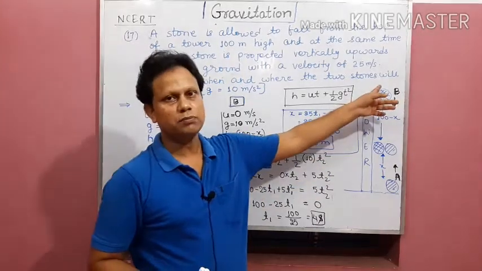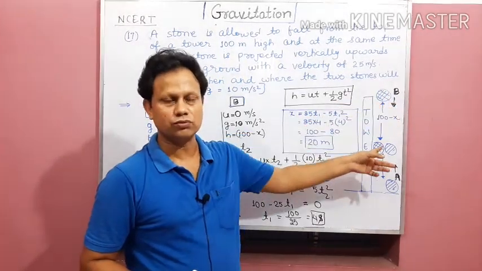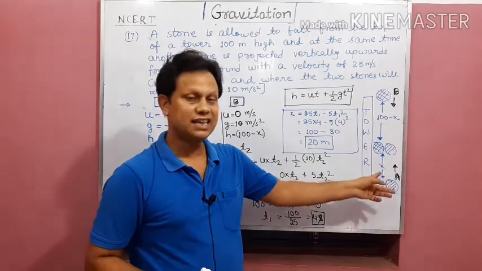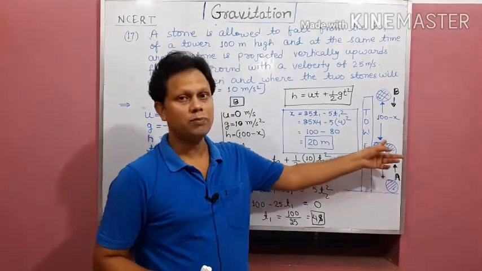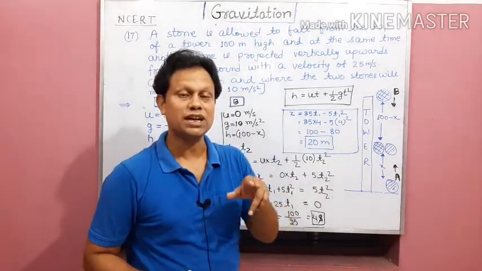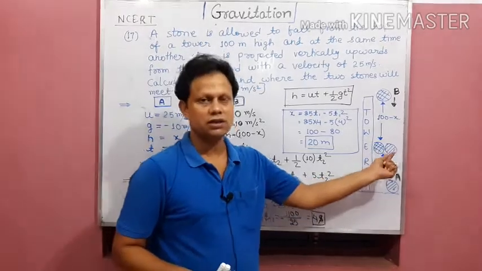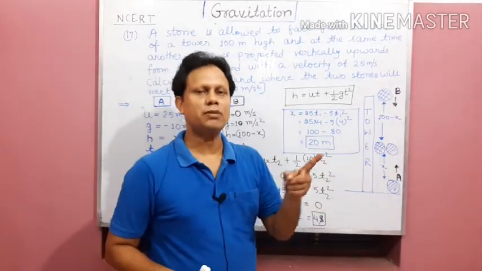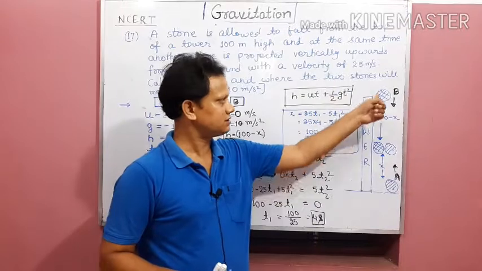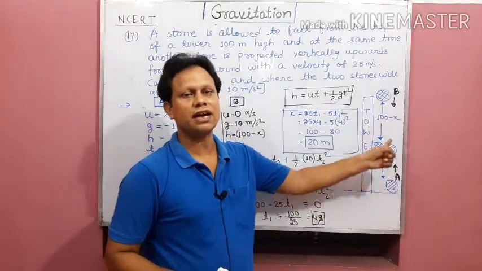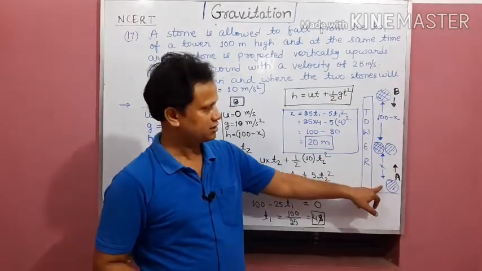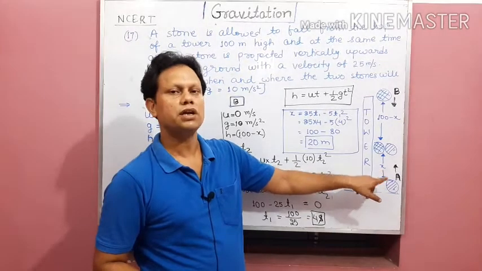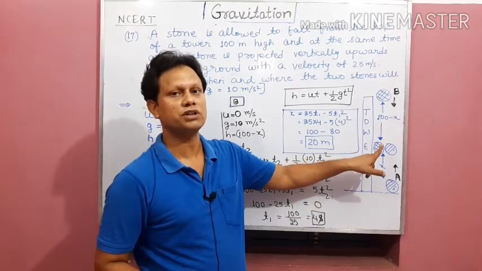In whatever time B has come down, in the same time A is going up for meeting. So whenever they meet, B is covering some distance and A is covering some distance. Suppose A has covered X meter in the upward direction where they meet.